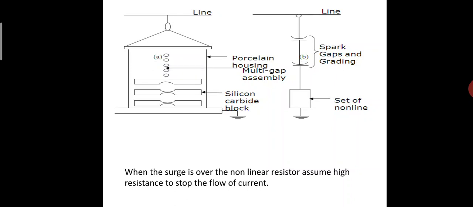This circuit diagram is of the valve type lightning arrester. When the surge is over, the non-linear resistor assumes high resistance to stop the flow of current.